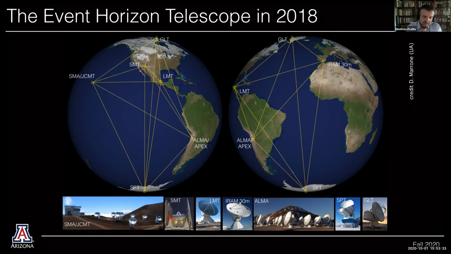This is how the array looked in 2018 actually, but the observations are still from 2017, combined together to generate the first ever image of a black hole with horizon scale resolution.